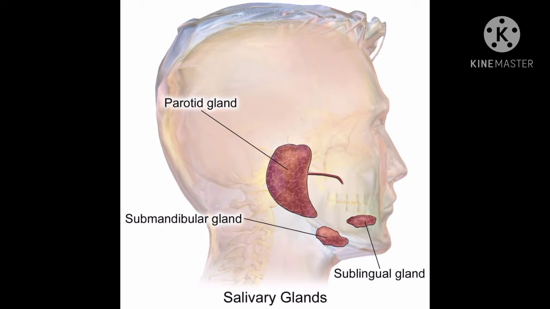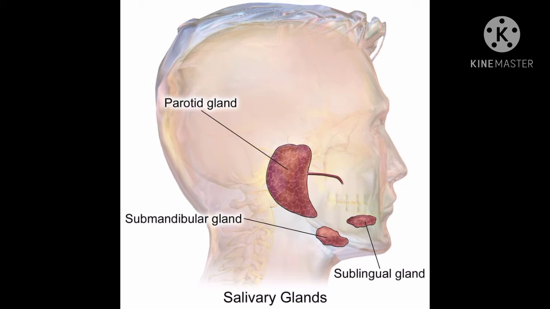They are parotid glands, one pair, submaxillary or submandibular gland, one pair, and sublingual gland, one pair. Do you follow?